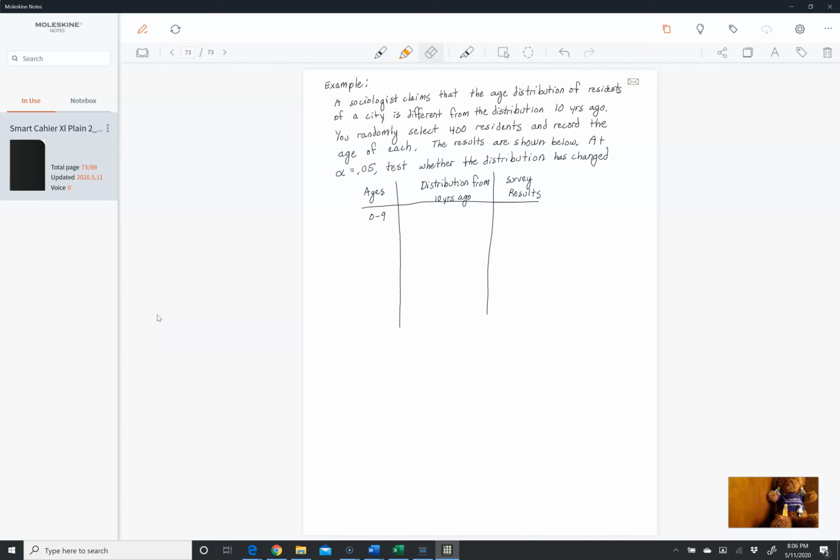We have age 0 to 9, 10 to 19, 20 to 29, 30 to 39, 40 to 49, 50 to 59, 60 to 69, and 70 plus.